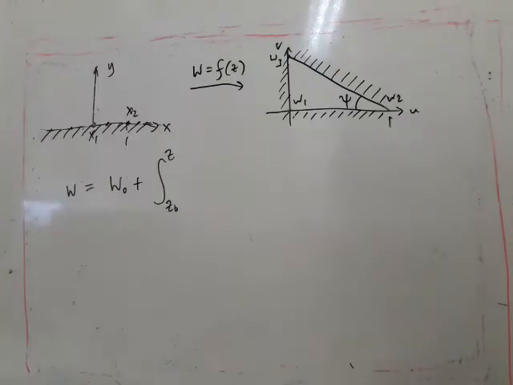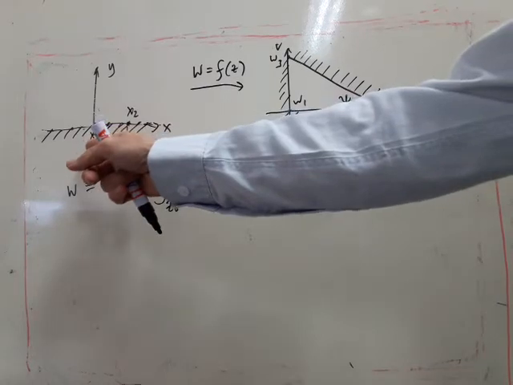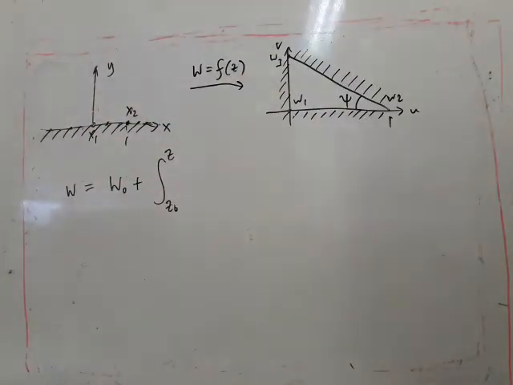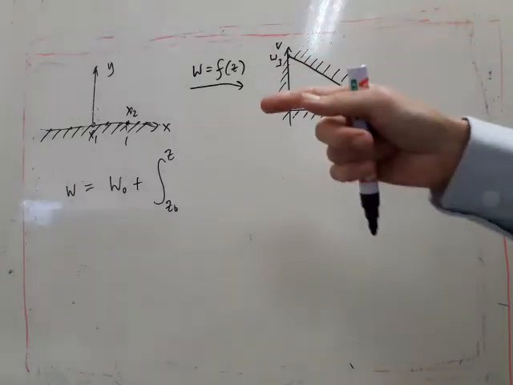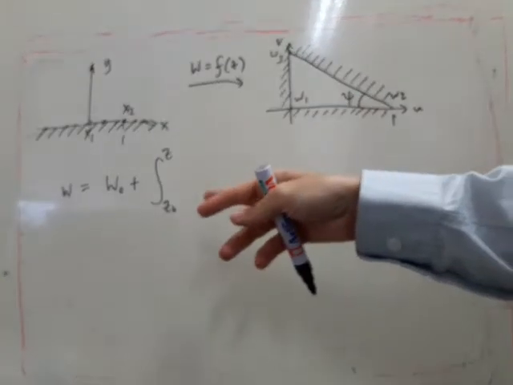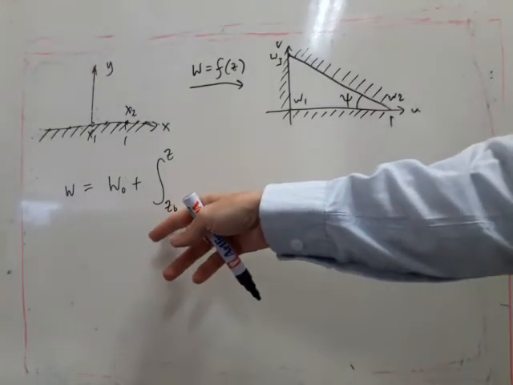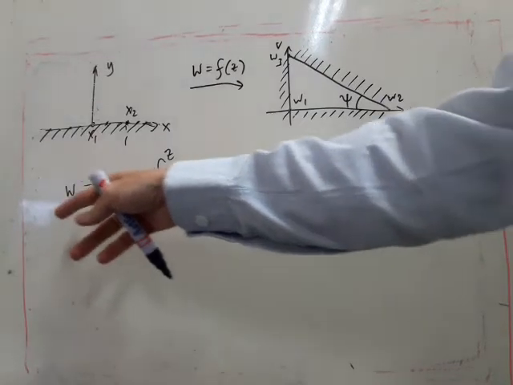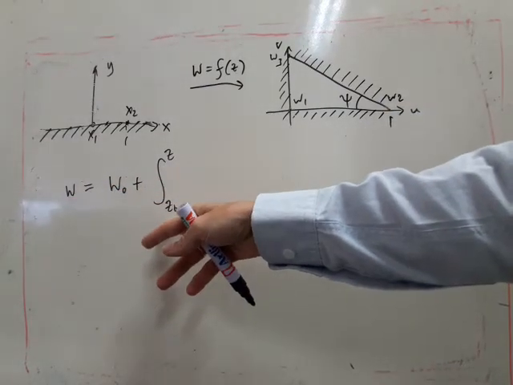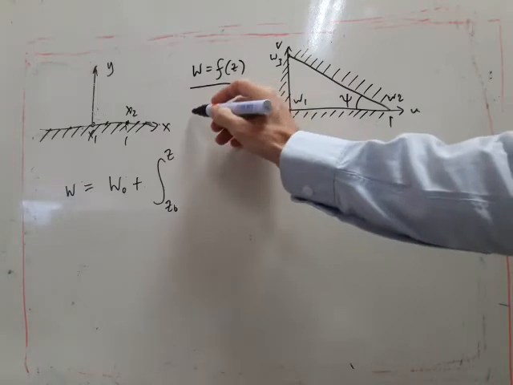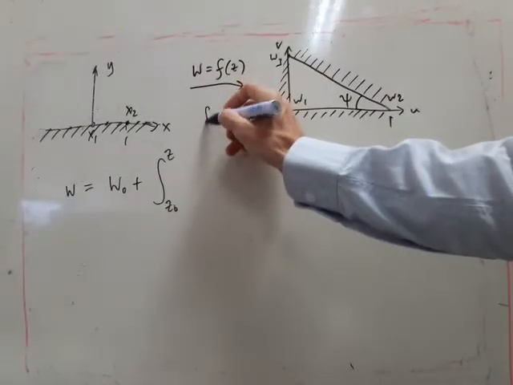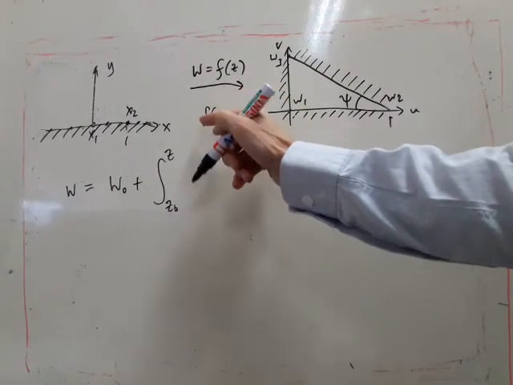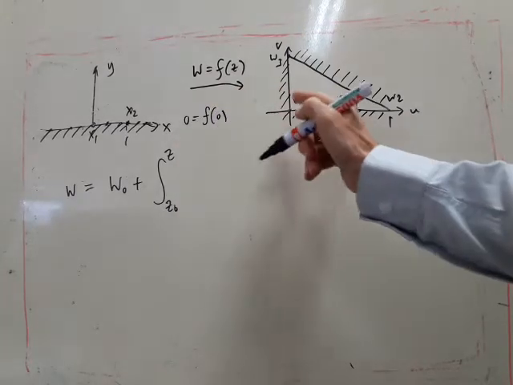Okay, so choosing x1 to equal 0 actually helps us a little bit, because it allows us to choose z0 to be 0. Basically, we want this transformation to map 0 to 0. So we know that f of 0, x1, should equal w1, which is 0.